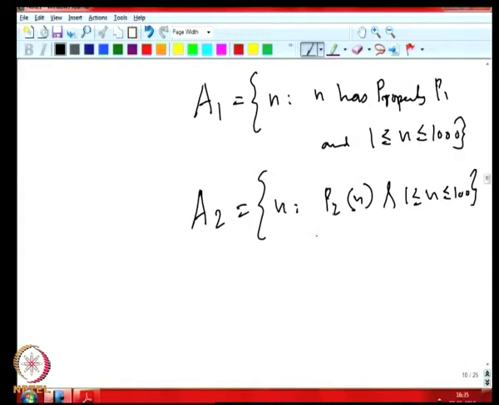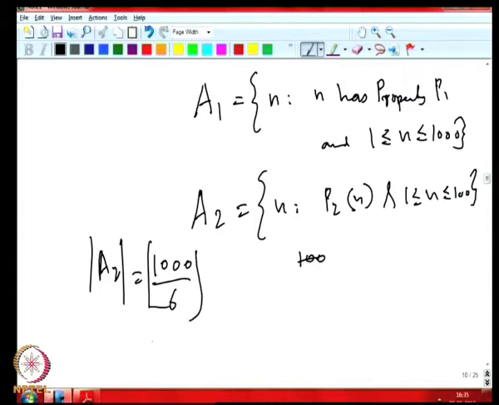This P2 is the property that n is divisible by 6. How many of them are there? The cardinality of A2 is easily calculated as floor of 1000 by 6, which we can calculate to be 166.